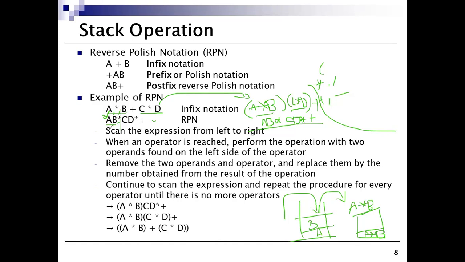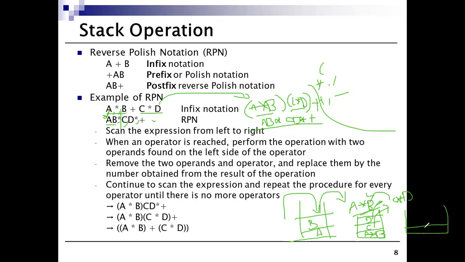After finishing that, the next element is C, which is an operand, that is again pushed onto the stack. And the next element D, again an operand, is also pushed. And next we came up with an operator. So the two elements from the stack were popped out, and between those two, the operation is carried out.